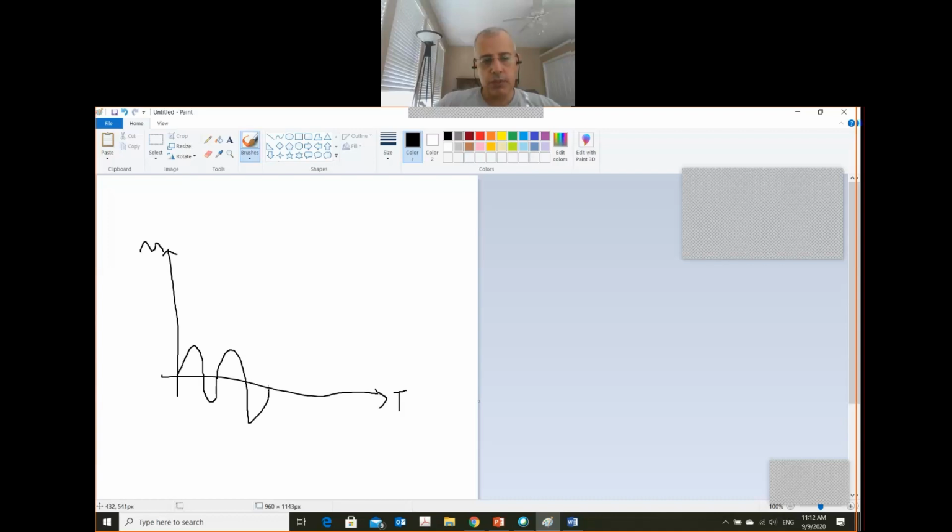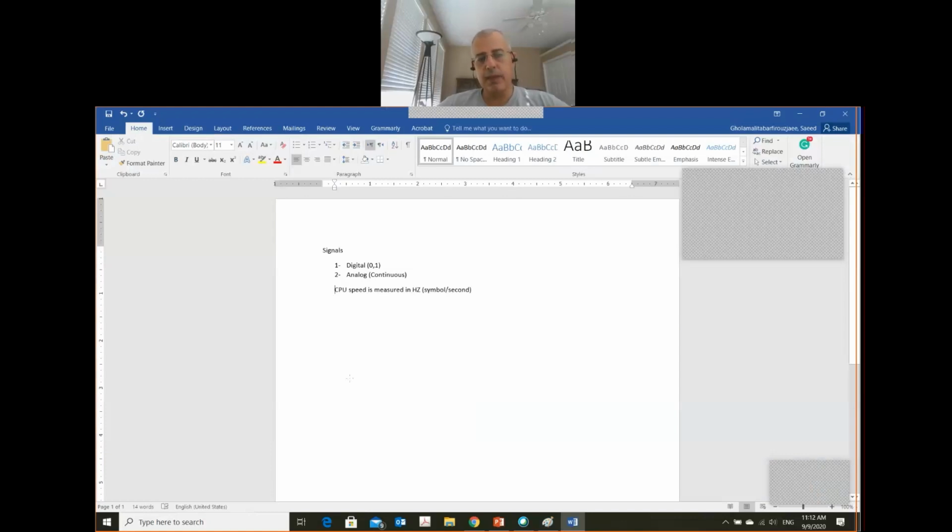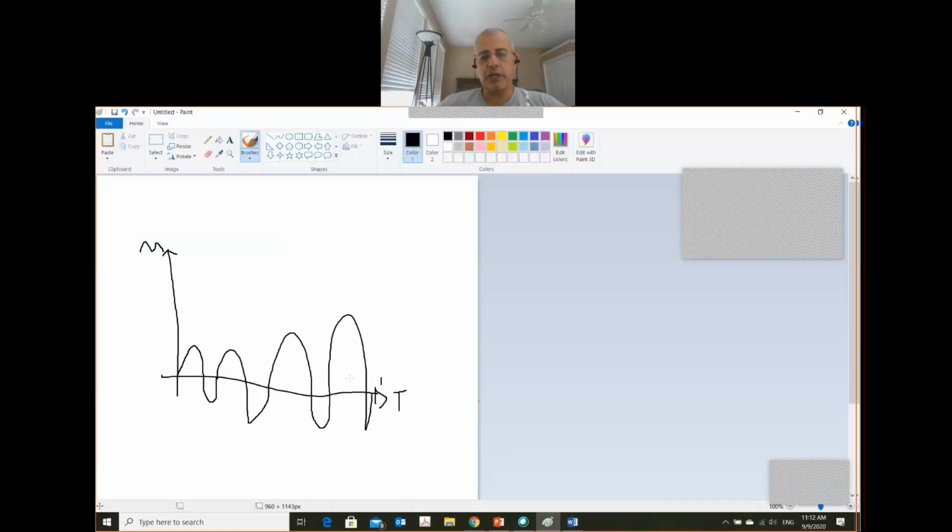Two symbols, three symbols, and four symbols. And suppose here is second one. Here we have four complete symbols. We have 4 symbols per second. So in this kind of diagram, our transmission speed is 4 symbols per second.